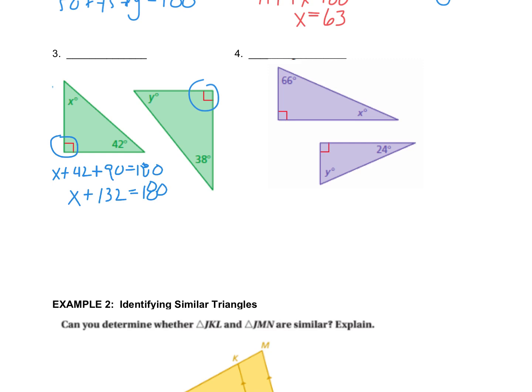And when I subtract the 132, I get 48 degrees. So this angle is 48 degrees.